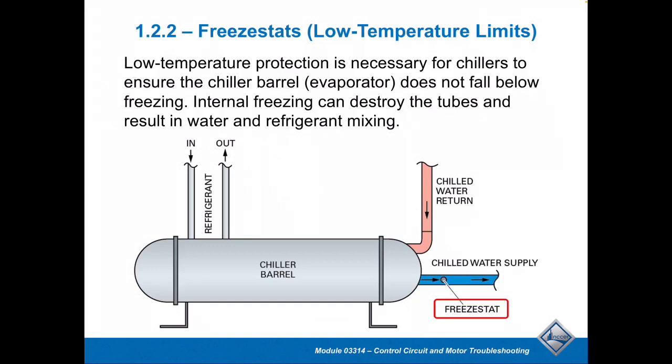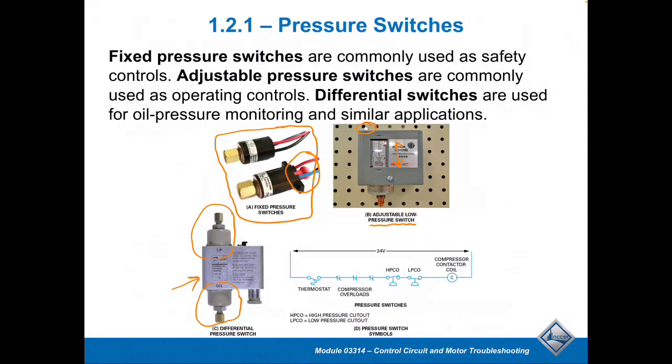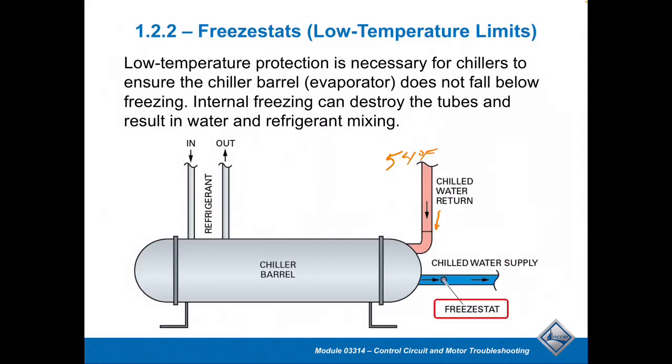On a typical application, I might say I want 54 degrees Fahrenheit coming back for chill water on the return side. But on the outlet side, I may expect to see, let's say, 45 degrees or 44 degrees as an example.